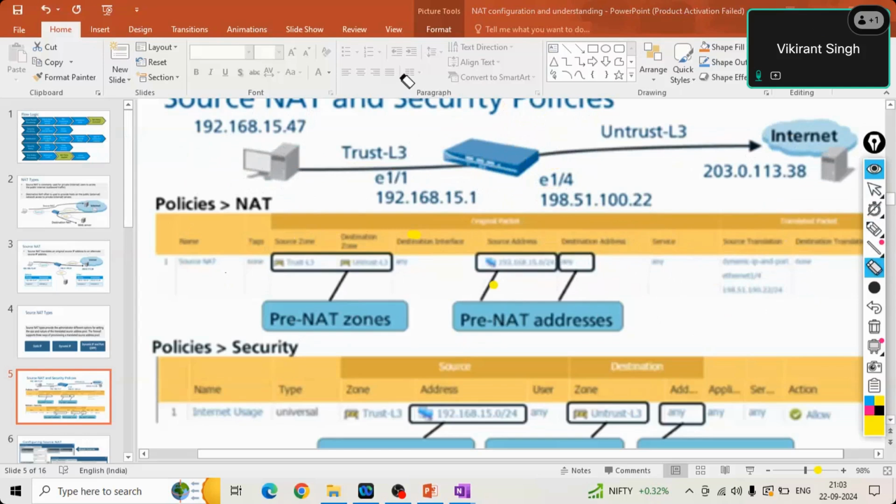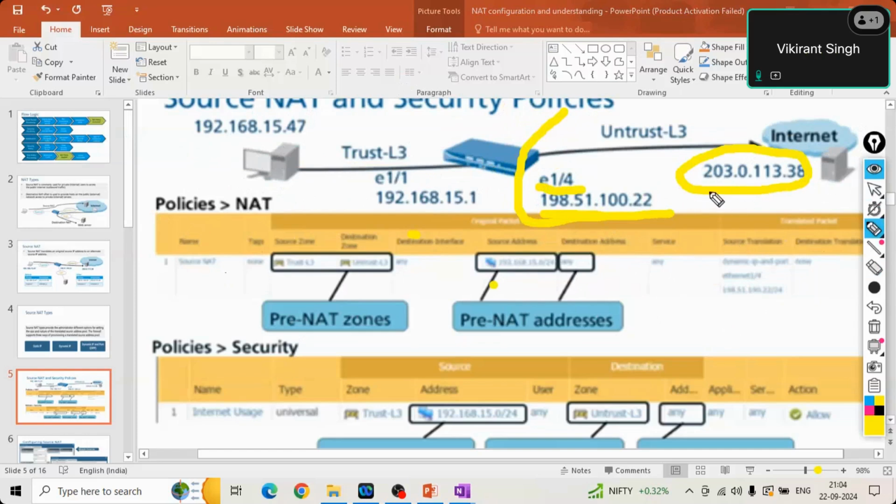Now it comes to translation, which we will be configuring in the firewall NAT policy. Translation is very important, which obviously needs to be discussed in the interview also. Translation will happen from here. So now you know the translation interface is this, translation IP will be this. Simple. Nowhere are we configuring in NATing the security rules till now. You can ask why: because we will be creating a security policy.